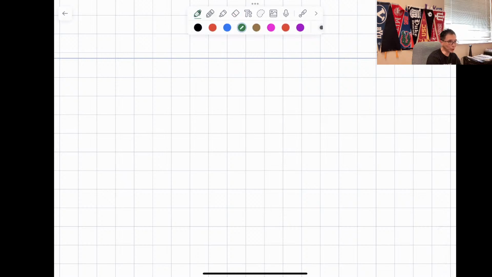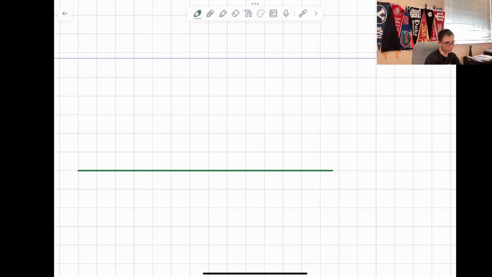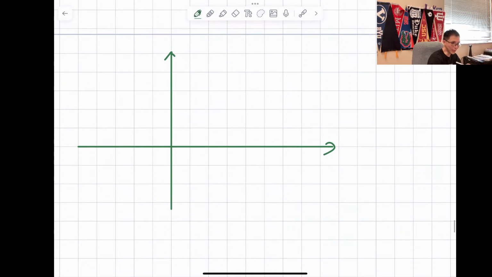Okay, I'm going to give you a graph called f of x. And besides that, I also want to talk about something else too. Okay, let's just say I have a graph like this.